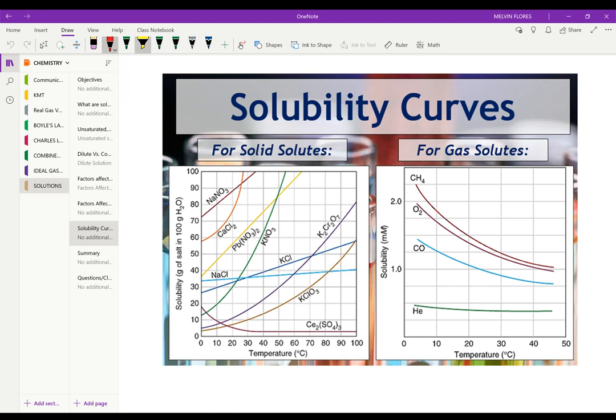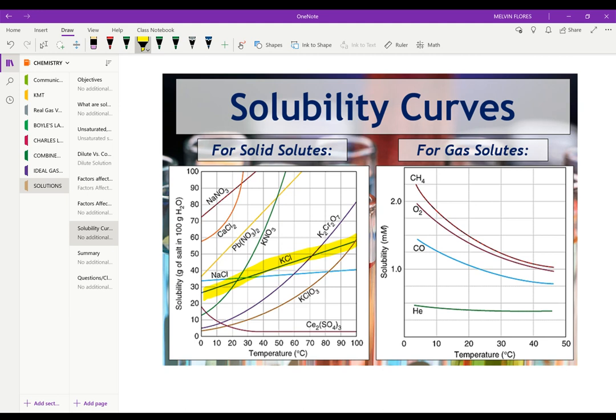For example, this one, KCl. Once you increase the temperature, the solubility increases. The same thing with other solids like sodium nitrate, calcium chloride, lead nitrate, potassium nitrate, potassium dichromate, and cesium sulfate.